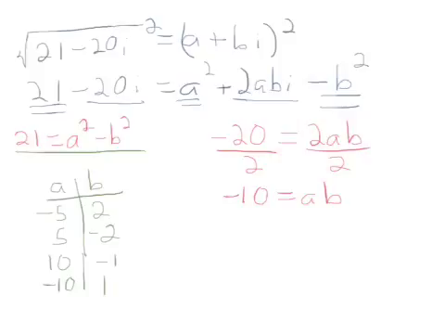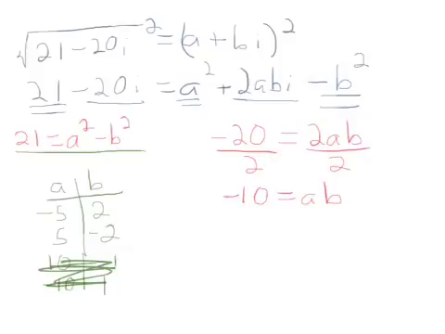If I tried it with negative 10 and positive 1, that would not work either. If I tried maybe switching it around where a could be negative 1 and b could be 10, either way it's not going to work. I'm going to get 1 minus 100, which would make it just a negative 99 instead. So I can eliminate these two. So I'm stuck with negative 5 and positive 2.